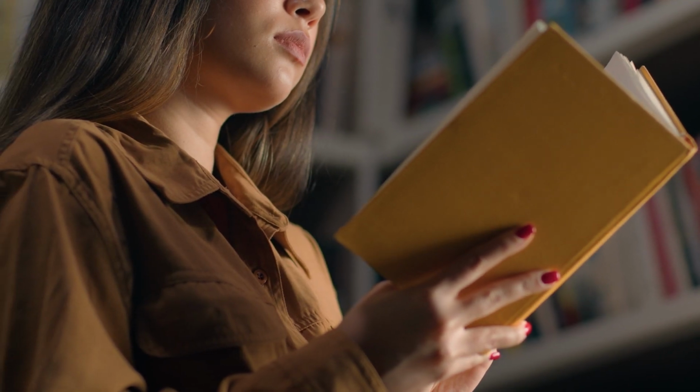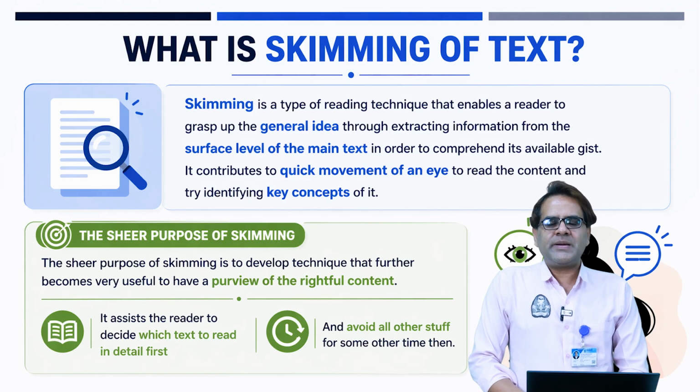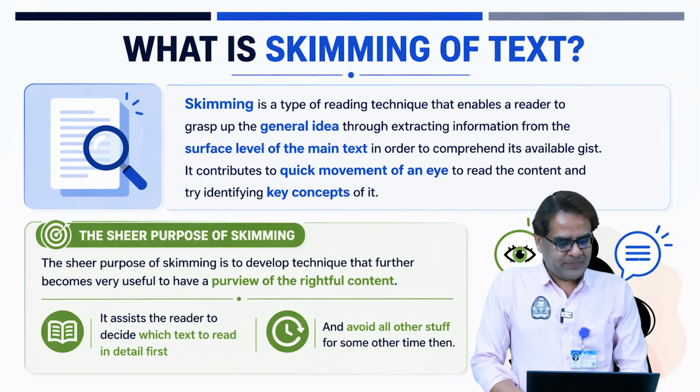Now, what is skimming of a text? It is not just through this definition on this slide, but even in the next slide, I'm going to explain the text through a pictorial depiction or a graphical representation.